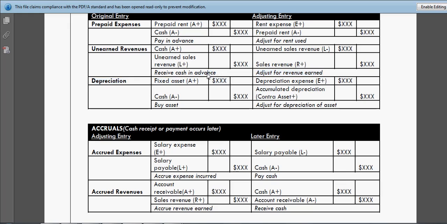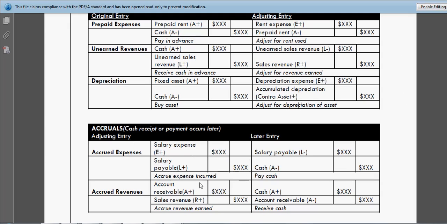And then the adjusting entry that we'll make is when we've actually now earned that revenue. Depreciation, you can adjust for the depreciation of an asset. So these are the 3 types of adjusting entries for prepaids, and then we have 2 for accruals.